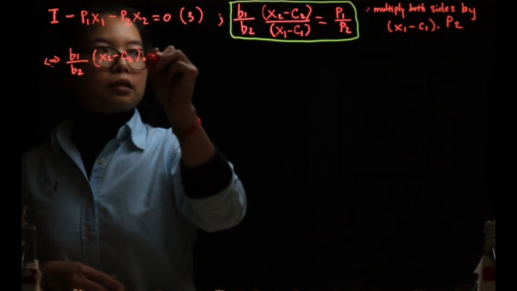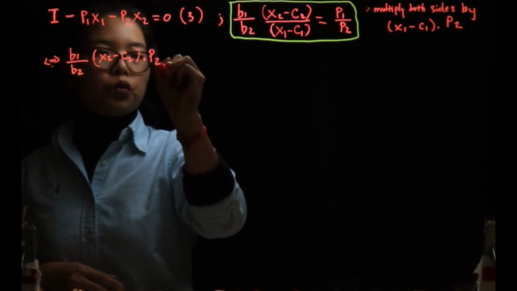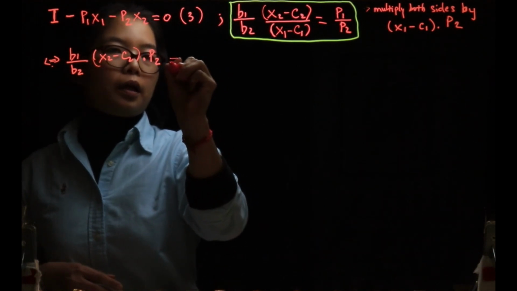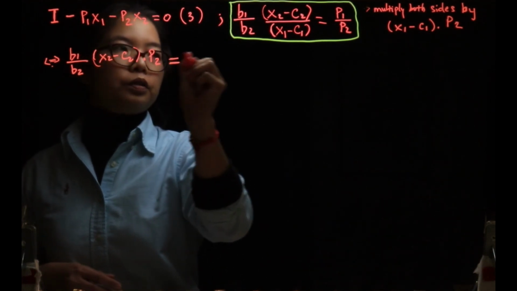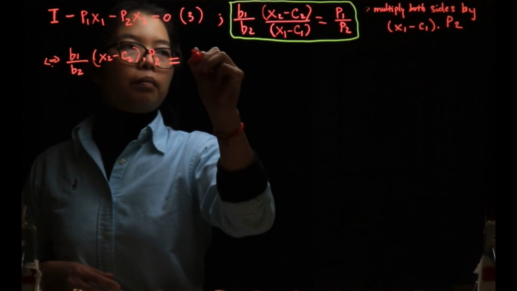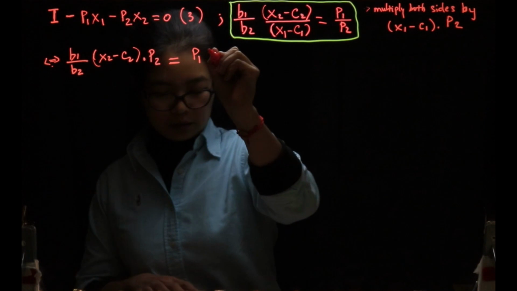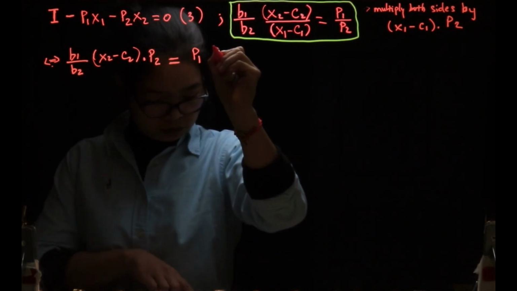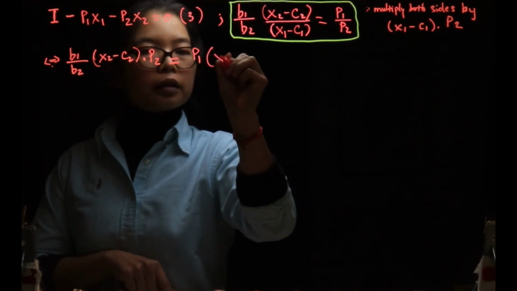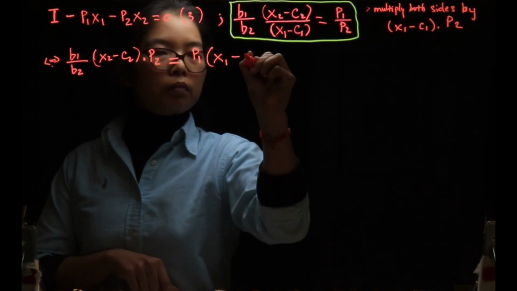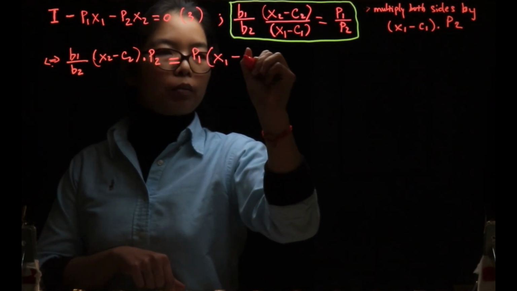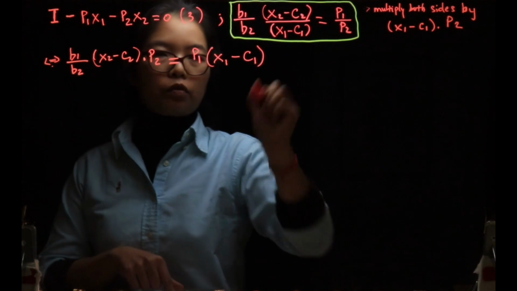And then times p2 equal p1 minus x1 times (x1 minus c1), right?